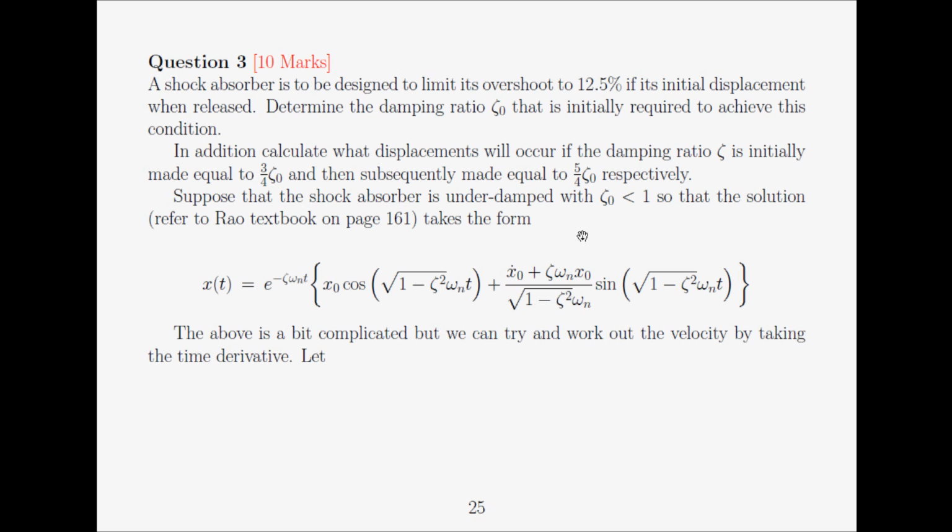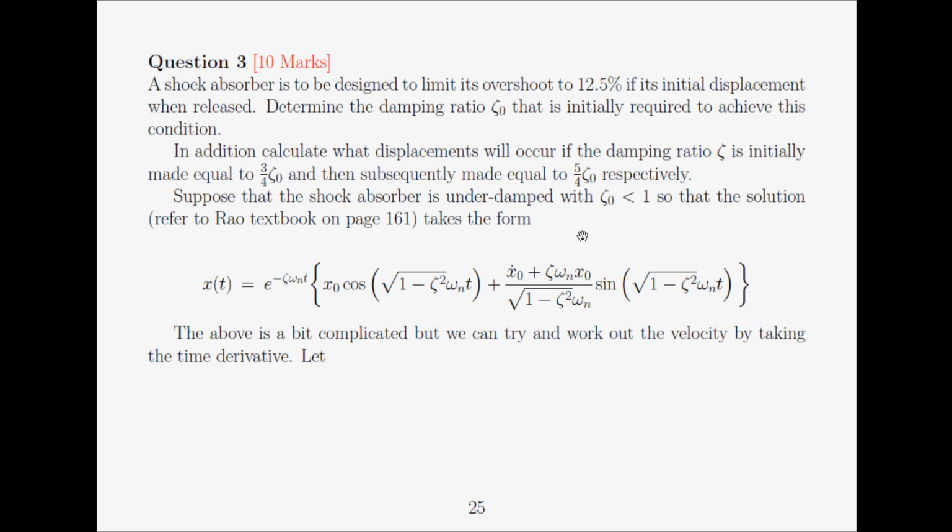We don't have much information on the system. We have to make certain assumptions, follow through those assumptions, and see where it takes us. So all we know is there's an overshoot of about 12.5%. Figure it out. How do we figure this out?